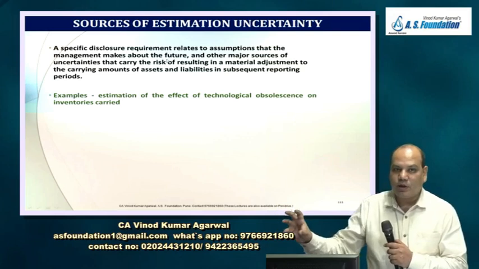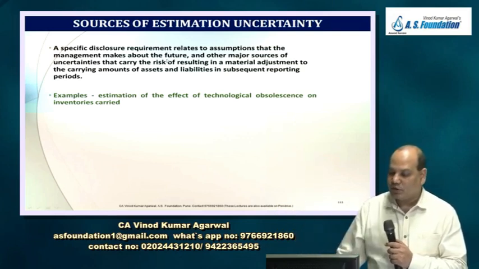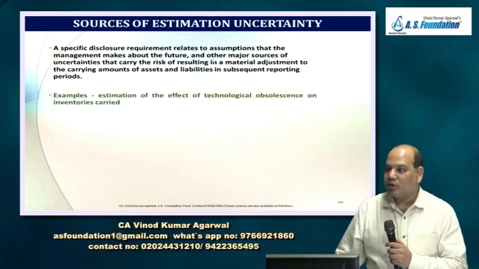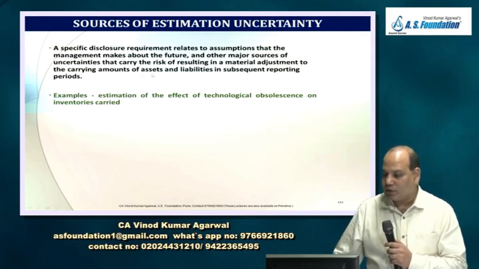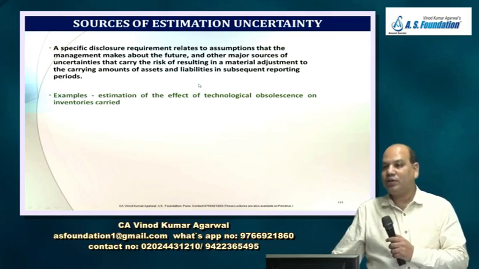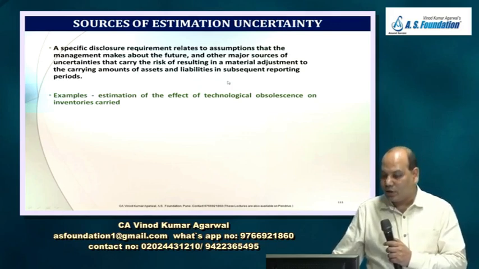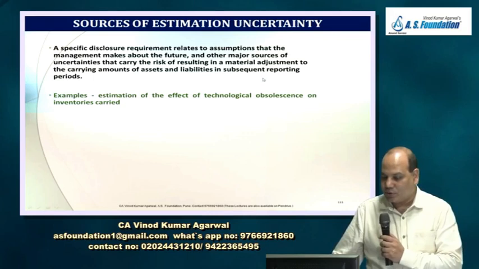Because a lot of figures may have been based on future estimations, like recoverable amount in the case of property, plant, equipment, and other major sources of uncertainty that carry the risk of resulting in a material adjustment to the carrying amount of assets and liabilities in the subsequent period. So you have to give this disclosure about future assumptions and estimations which might change, and as a result the carrying amount of assets and liabilities can undergo a significant, material adjustment.